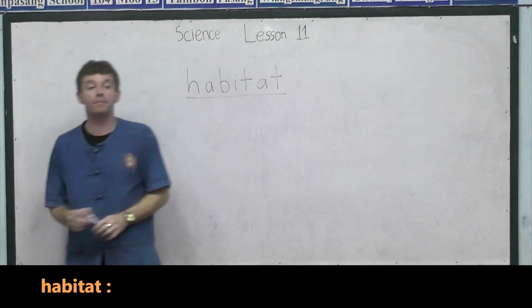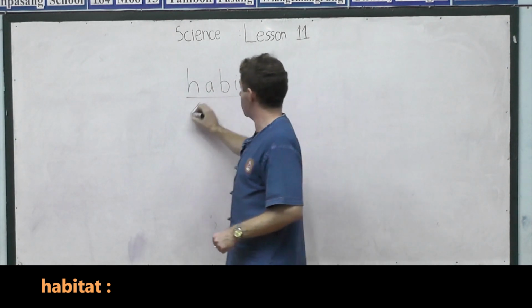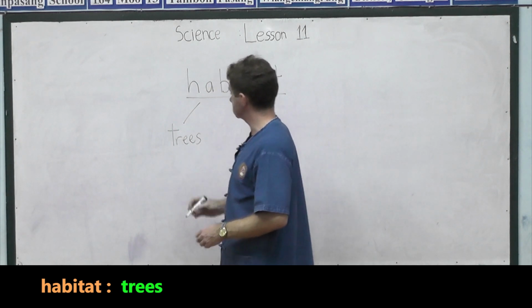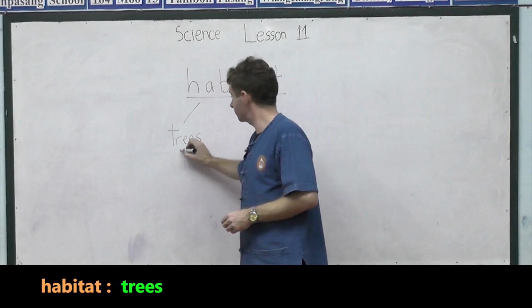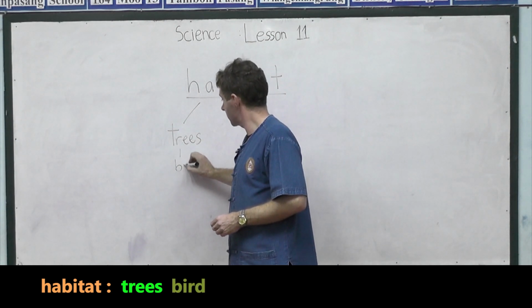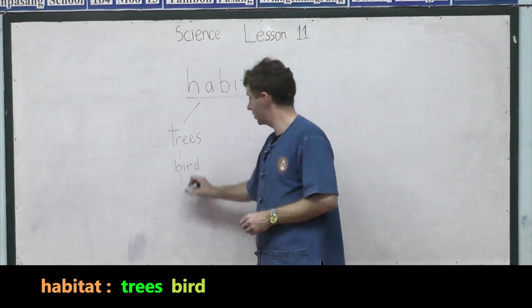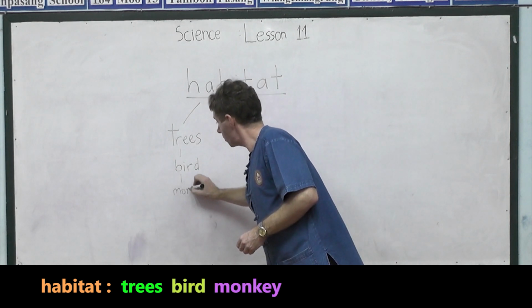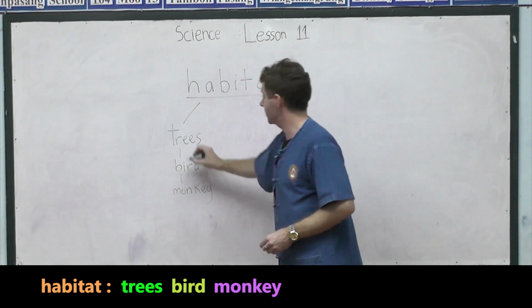But like Pangpon has just said, if we talk about trees, what lives in a tree? Bird. How do we spell bird? B-I-R-D. Or monkey. M-O-N-K-E-Y.